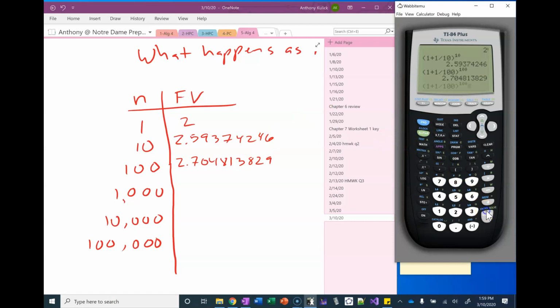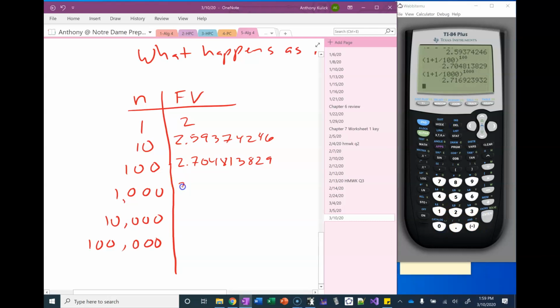When I plug 1,000 in, I get 2.716923932.